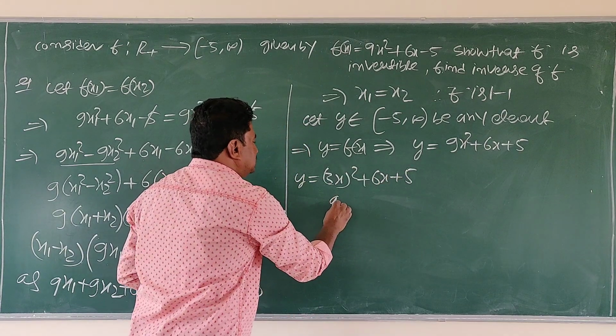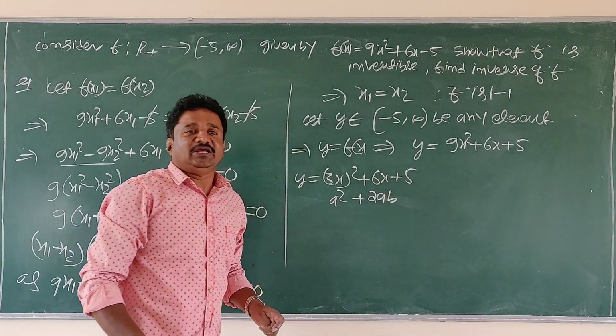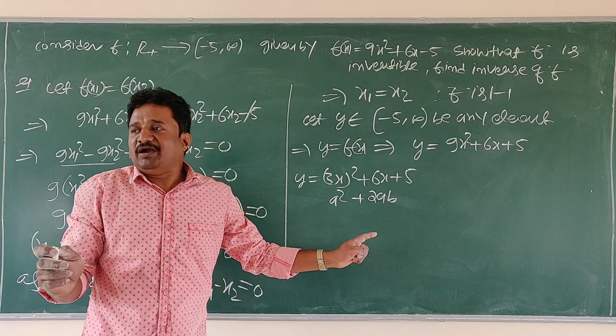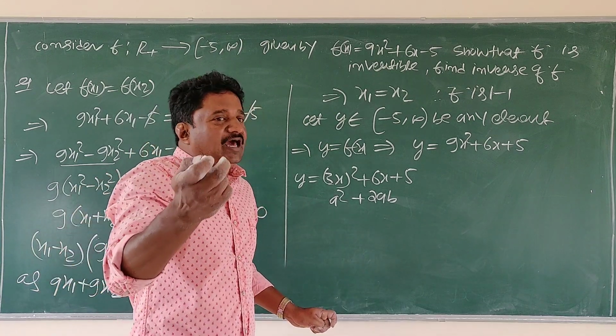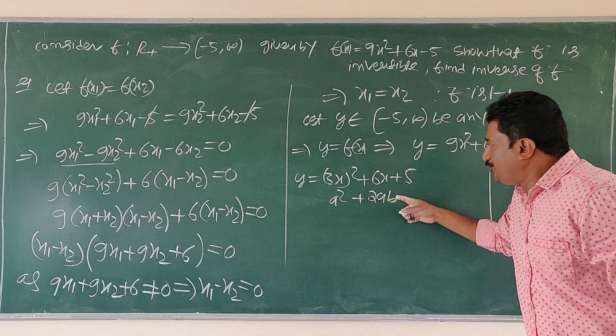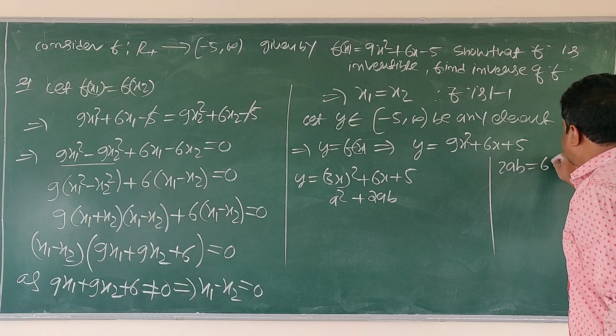You take this as a square. This becomes 2ab. b square is required to get the (a plus b) whole square formula. You observe, students, how I calculate the b value. In the place of 2ab, I am having 6x. 2ab is equal to 6x.